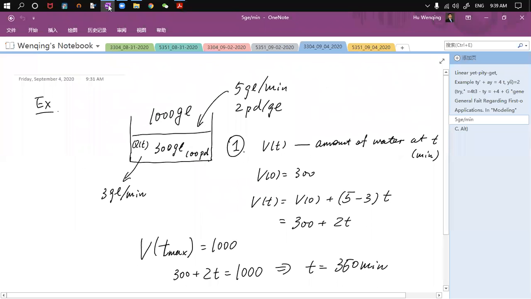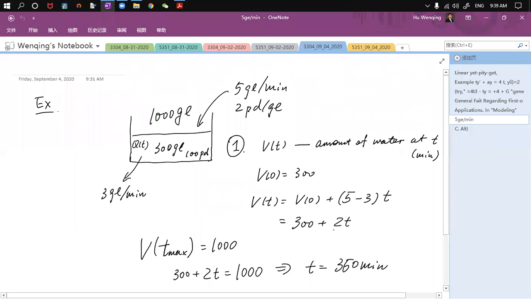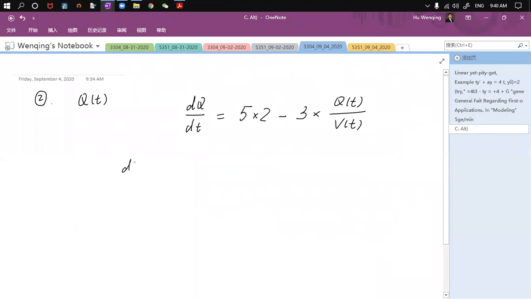So what's the concentration? Concentration is the amount of salt at time t inside the tank divided by the volume of the tank at time t. That will be the concentration, right? But what's the volume? Well, volume is 300 plus 2t. So you're going to have this equation: dq/dt is equal to 10 minus 3q divided by (300 plus 2t).